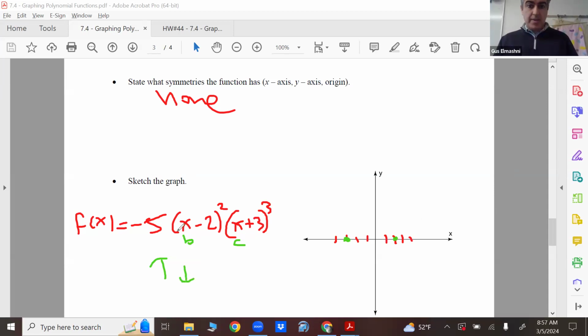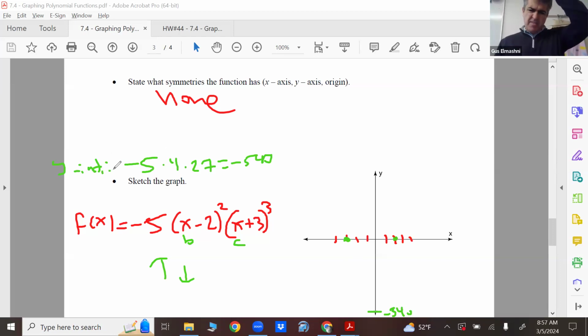Y-intercept, oh boy, times 4 times 27. Negative 540, if you want to do that down here. That's the y-intercept, if you so desire.